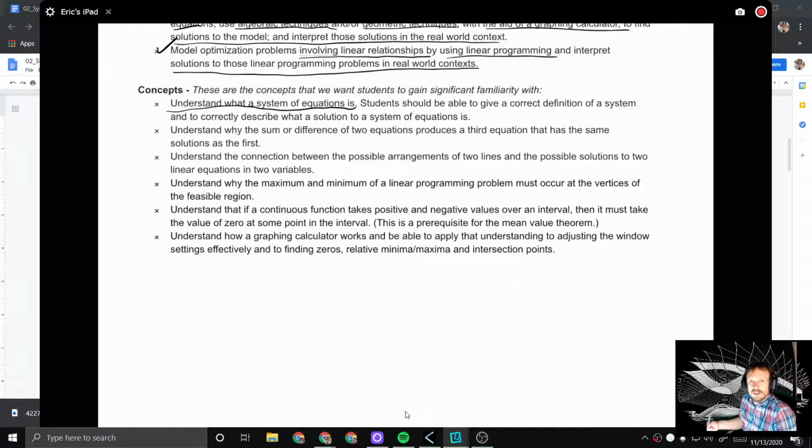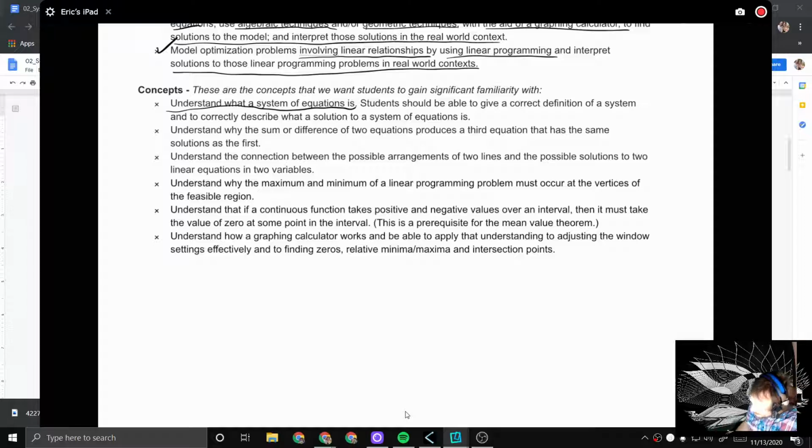And a solution to the system is a set of values for the variables, the x and y, that satisfy all of the equations, so that when you plug them into each of the equations you get a true statement. You can have 0 solutions, you could have infinitely many solutions, and you can have a single solution or 3 solutions or any number of solutions depending on the system.